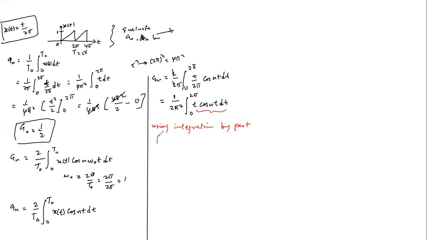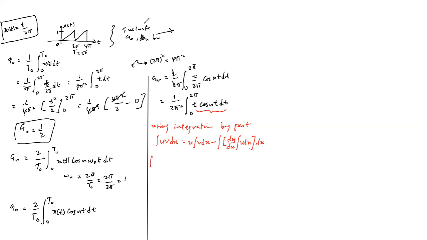Such that the integral of uv dx is the same as u integral v dx minus integral of du/dx times integral v dx, dx. So once we do this, what are we going to get? So let's bring this out.